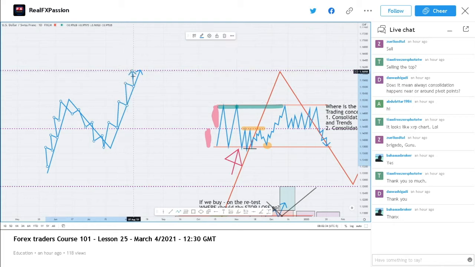So on the bigger scale, talking about extensions, this consolidation would be somewhere in here, right? I am buying, so I have the greatest chance of success because I'm in an extension.